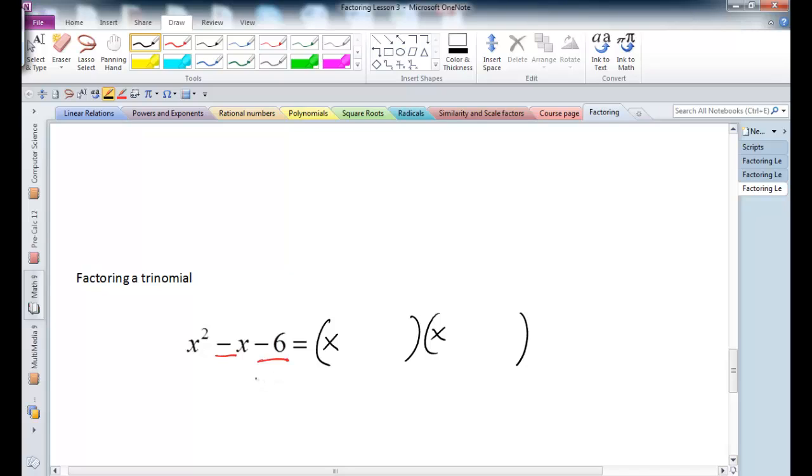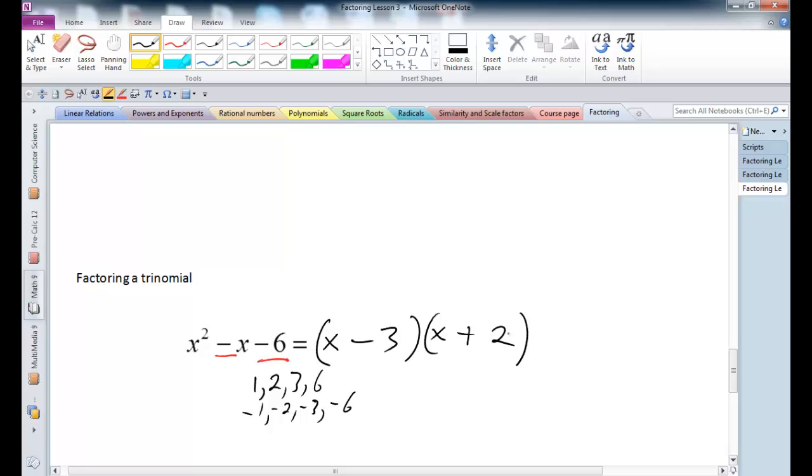And those are, of course, 1, 2, 3, 6, negative 1, negative 2, negative 3, negative 6. And see if there's two factors there whose sum would be negative 1. And you can see if I had a negative 3 and a positive 2, I'm going to have a product of negative 6 and a sum of negative 1.